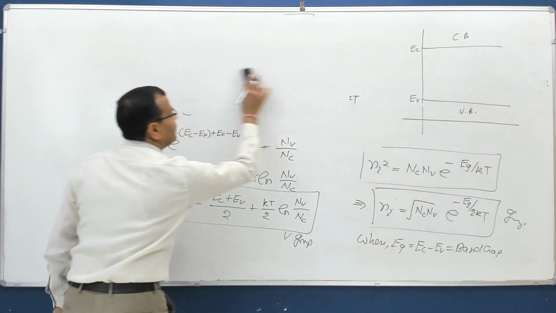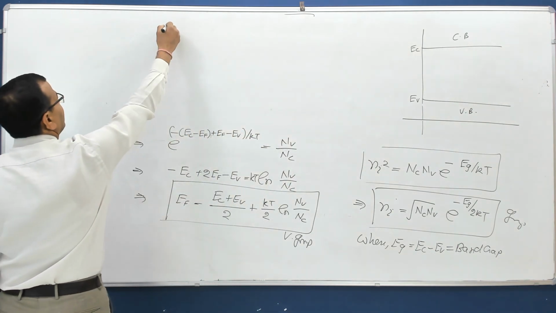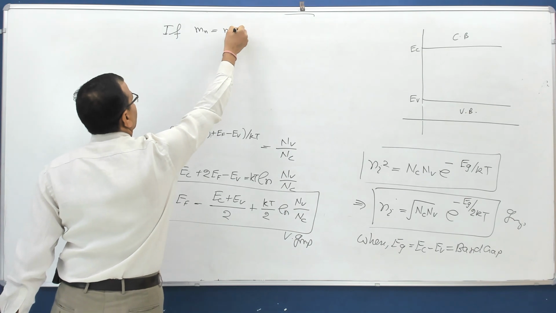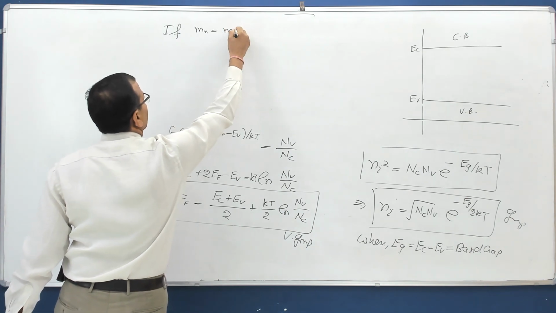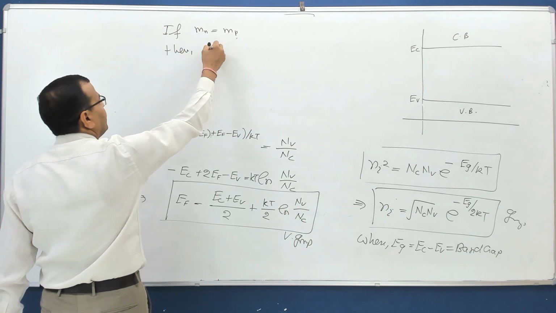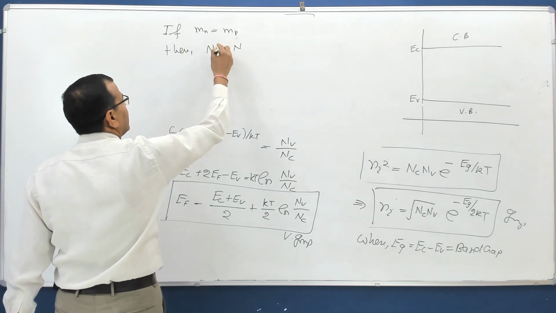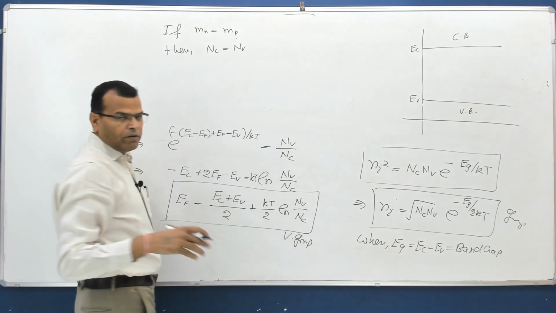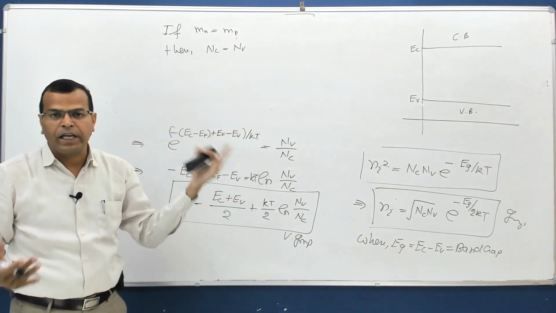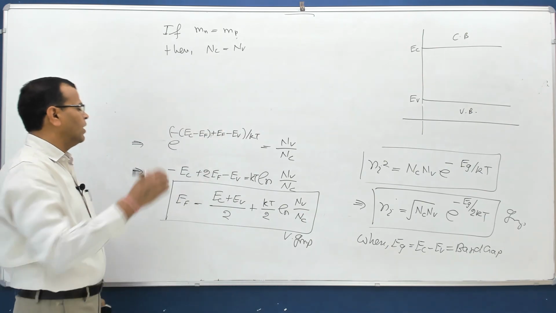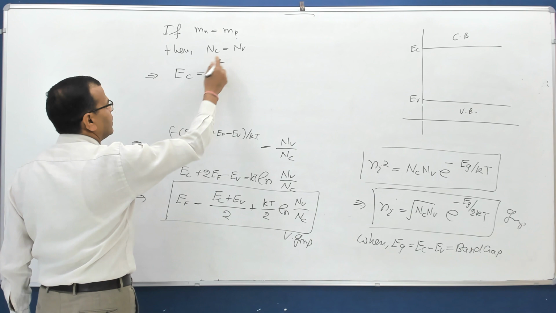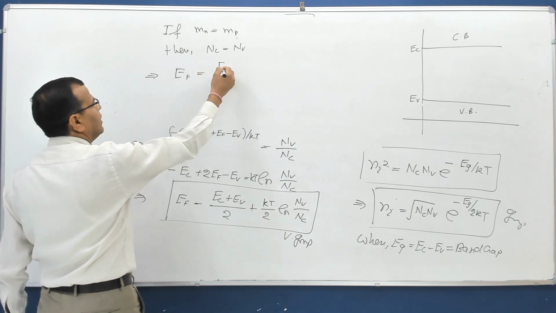I told, if you remember, if effective mass of electron is same as effective mass of hole, that is what we discussed, then what? Nv is equal to, or Nc is equal to Nv. We have seen the expression of Nc and Nv. If effective masses are same, then both will be equal. In that case, Ef will be equal to what?